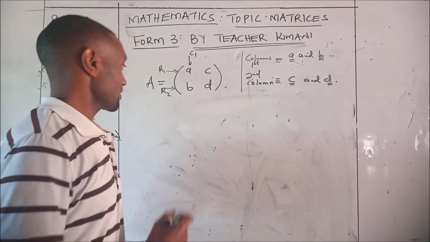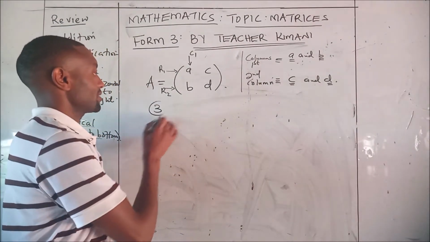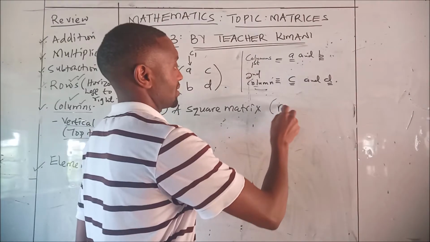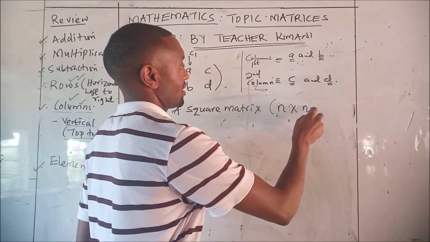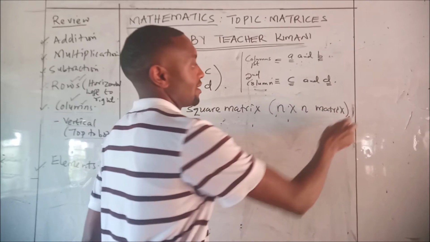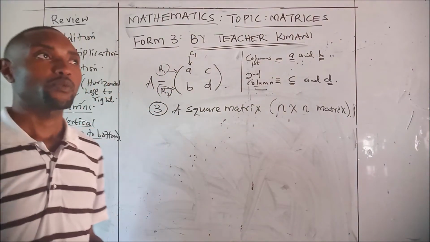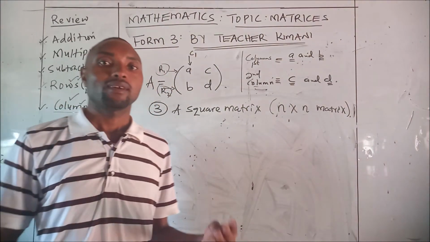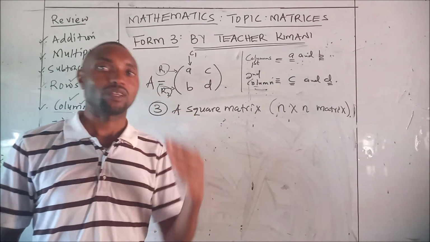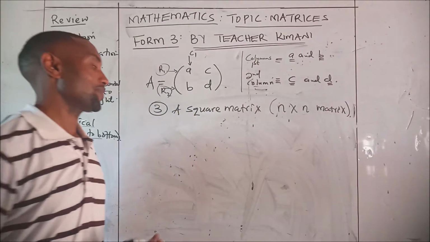Other types of matrices. Matrix number 3 is what we call a square matrix. It is referred to as an n by n matrix. In other words, the number of rows equals the number of columns in that matrix.